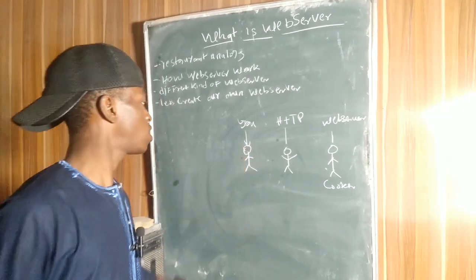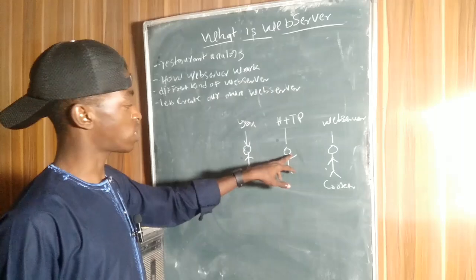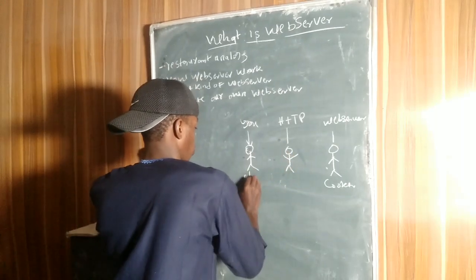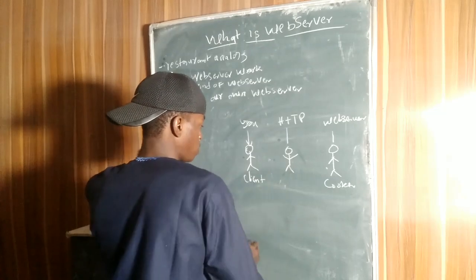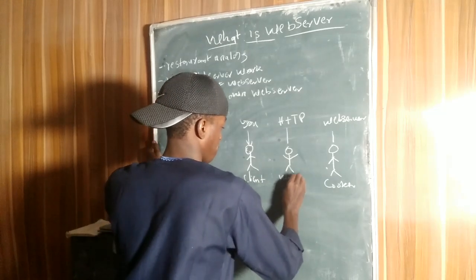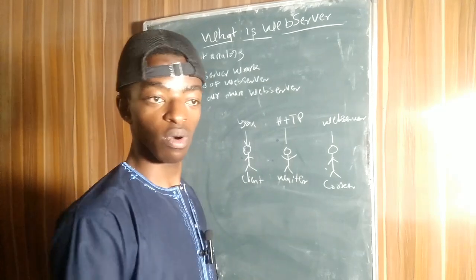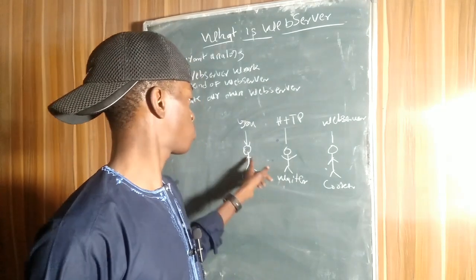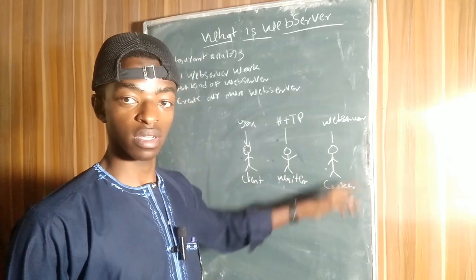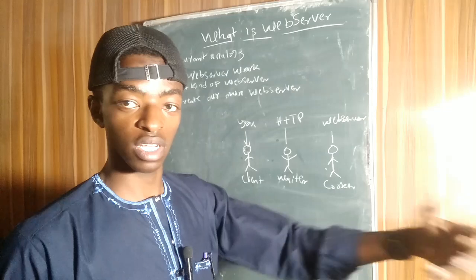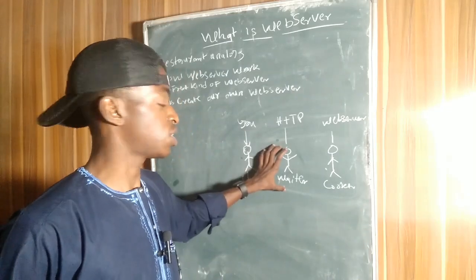In this case, you that tell the waiter what you want are the one that makes the request, which is what we call a client. And then the waiter that usually goes back and forth from you to the cook, sending your request to the cook and then getting the response and giving it back to you, is the HTTP protocol.